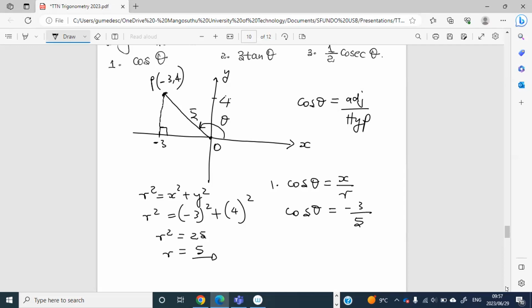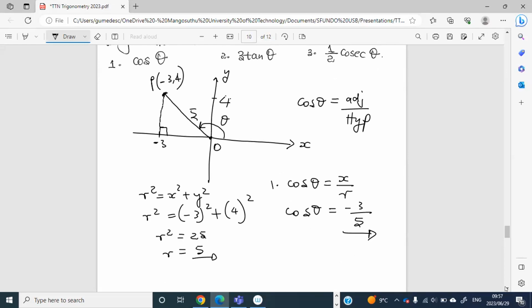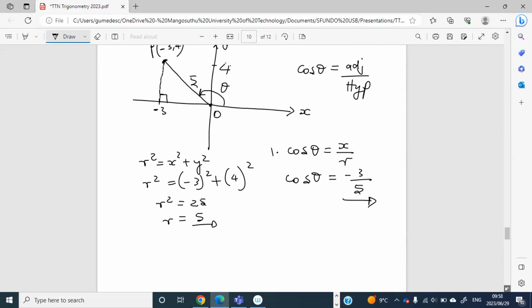We're not required to find theta anyway, so we'll stop here. We just had to find cos theta. So it's just extending a right angled triangle and finding your hypotenuse, because you're given x and y. X is -3, y is 4. But for cos, we needed x over r.